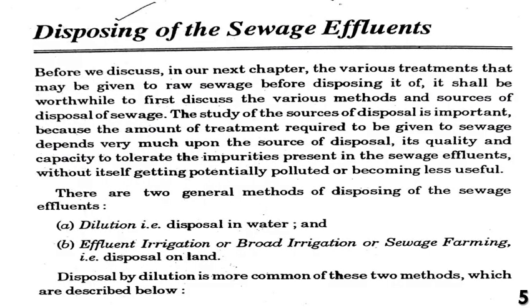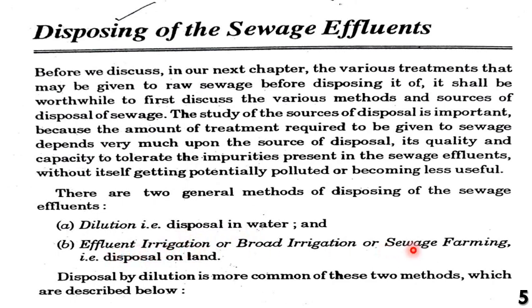Hello guys. Now, the disposal of sewage effluents. Effluent means outgoing, influent means incoming. Just remember it. The disposal of sewage is of two types, as already discussed. One is dilution, that is disposal into the water body. Another is on land disposal, which is for irrigation.